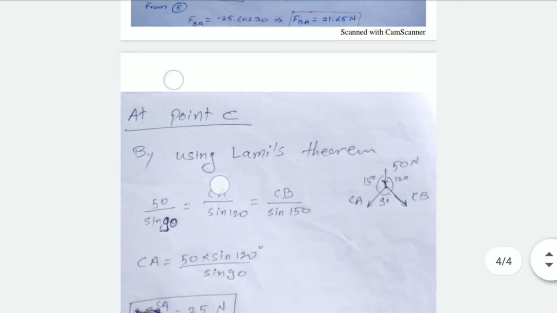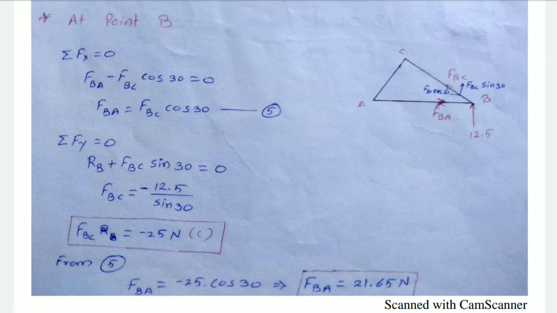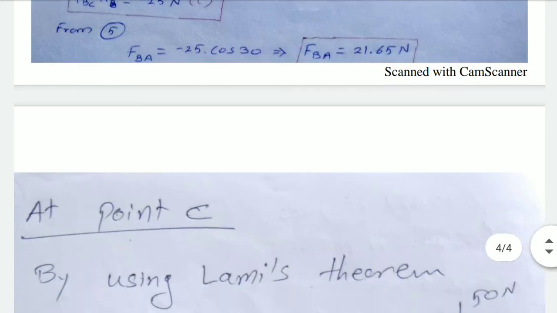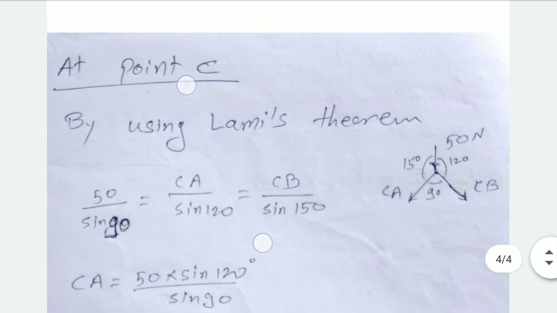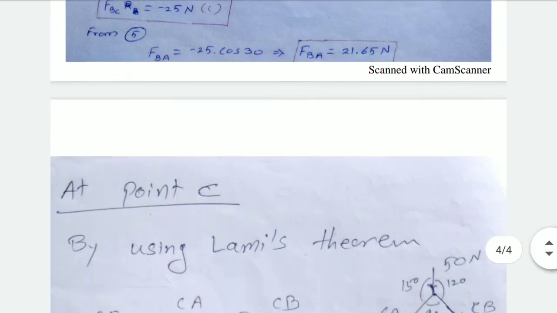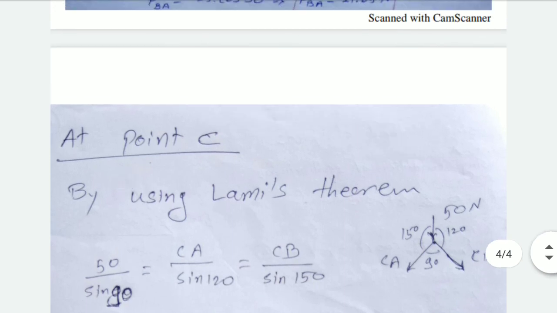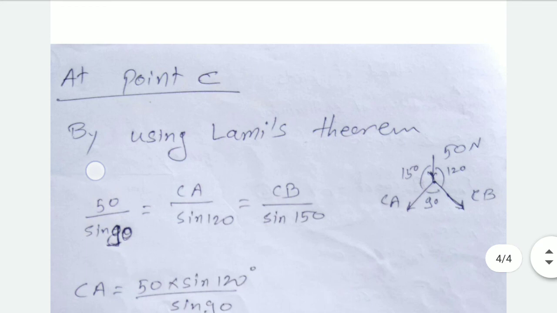Now we have resolved the forces at two of the points. The third point is point C, having three forces: AC, CB and the 50 Newton which is applied. Here we can use Lami's theorem directly.